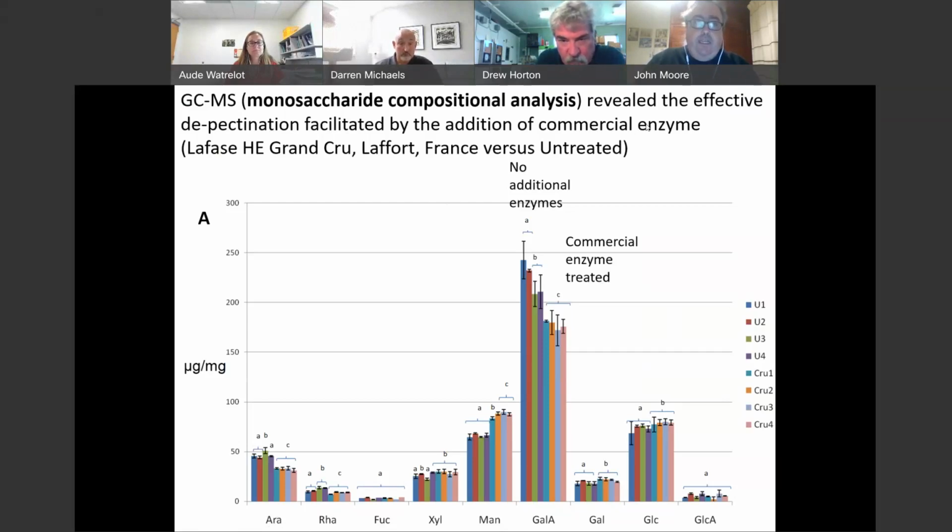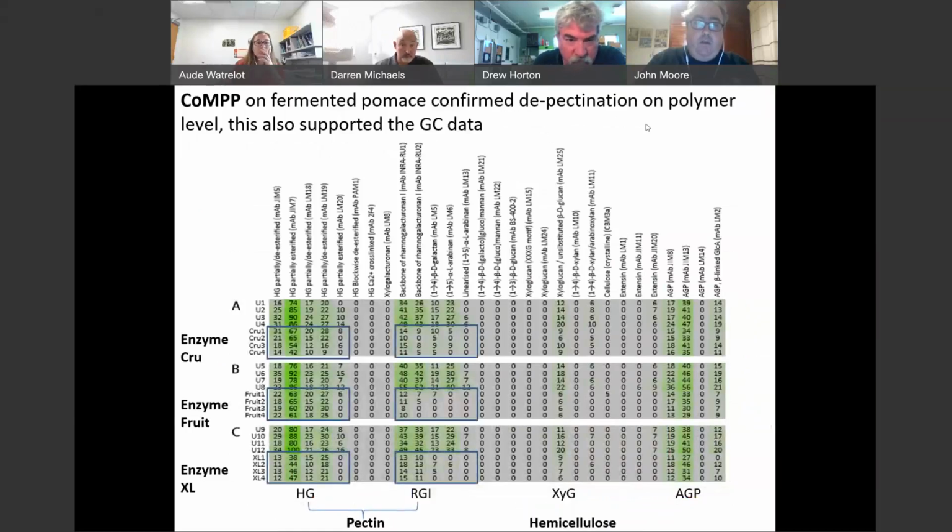But interestingly, looking at the CoMPP data, we could see that when treated with the enzyme, the backbone polymers of rhamnogalacturonan I and the side chains of galactans and arabinans, those signals decreased dramatically in the samples.